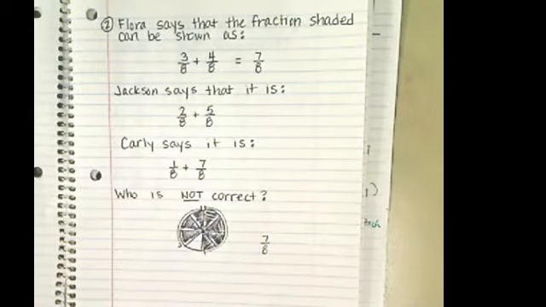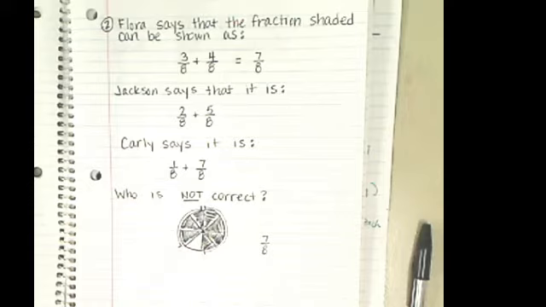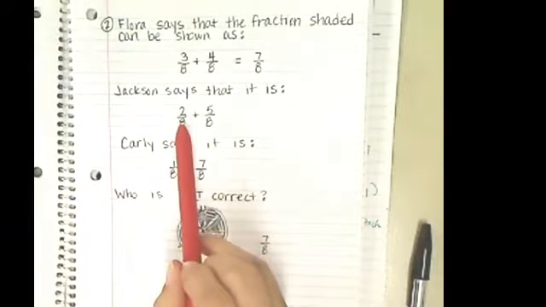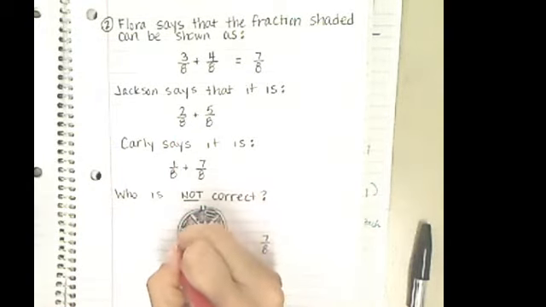Well, let's look at Jackson. Jackson says that it's 2 pieces plus 5 pieces. Let me grab a different color. Okay, so if Jackson says it's 2 pieces plus 5 pieces, let's see.